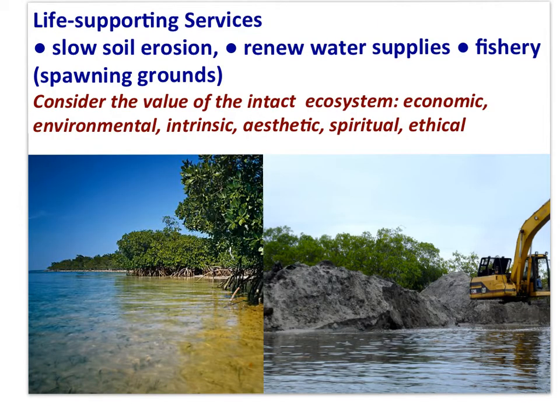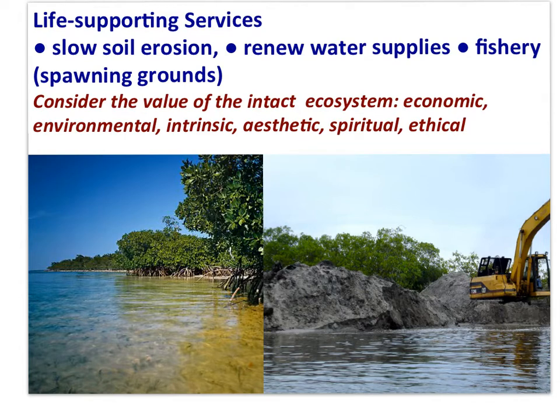Intact ecosystems, like the mangrove forest on the left, provide life-supporting services, slowing soil erosion, renewing water supplies, and spawning grounds for fish. As well, consider the value of the intact ecosystem: the economic, environmental, intrinsic, aesthetic, spiritual, and ethical values.